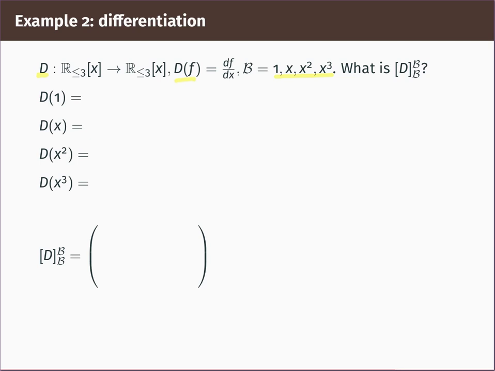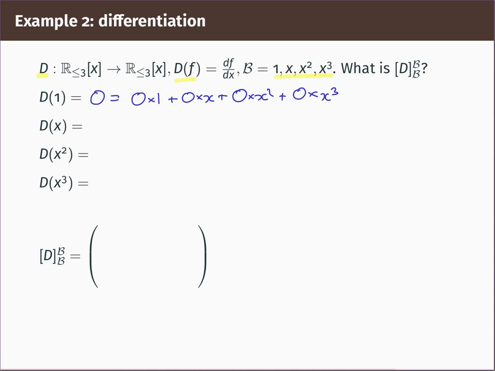We'll begin with D of 1. Well, D of 1 is the derivative of the constant polynomial 1, which is 0. But I'm going to write this 0 in a particular way. I'm going to write it so I can see the coefficients of each of the basis elements. So that's 0 times 1 plus 0 times x plus 0 times x squared plus 0 times x cubed.